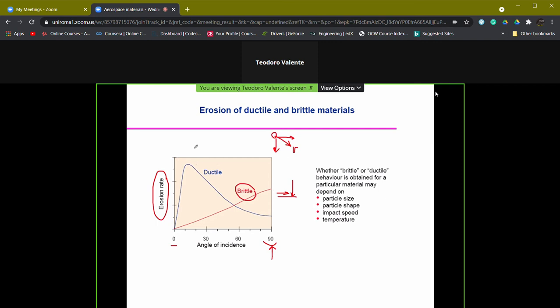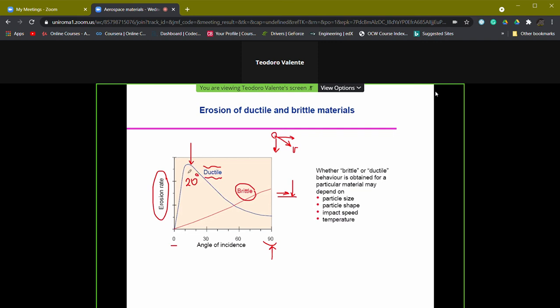What is a little bit strange, but it can be explained, is what happens instead if our material is a ductile material, that is, it can show plasticity effects. You see here that if we increase the angle of incidence up to values around 20 degrees, we have, for the same reasons we explained before for the brittle material, an increase in erosion rate.